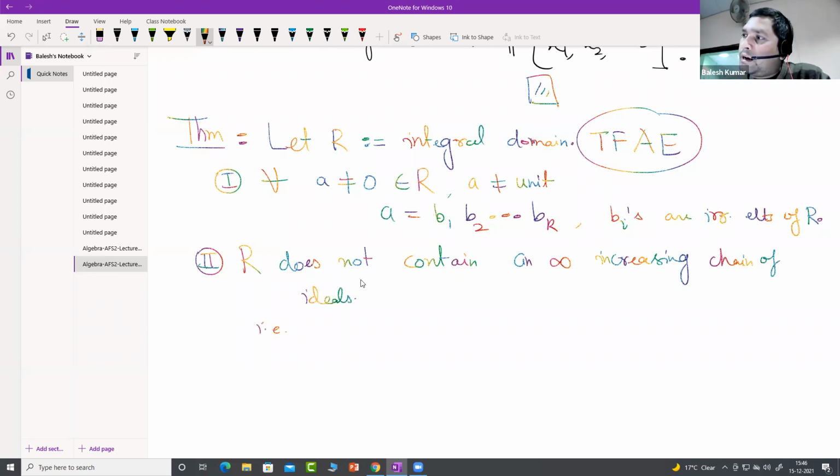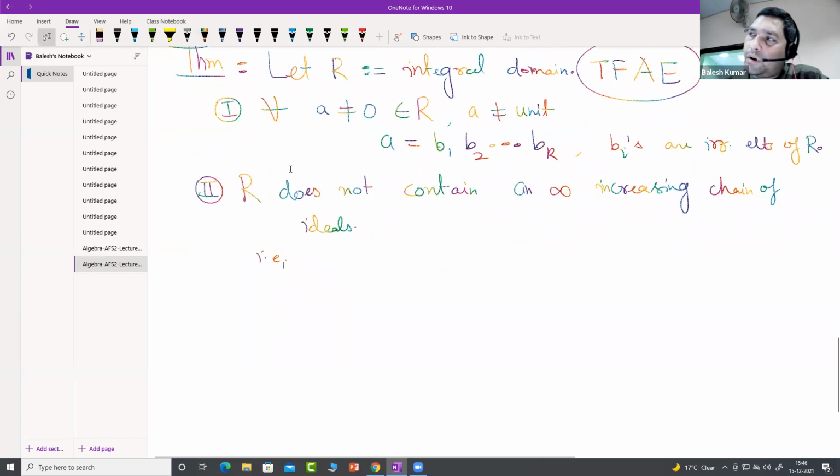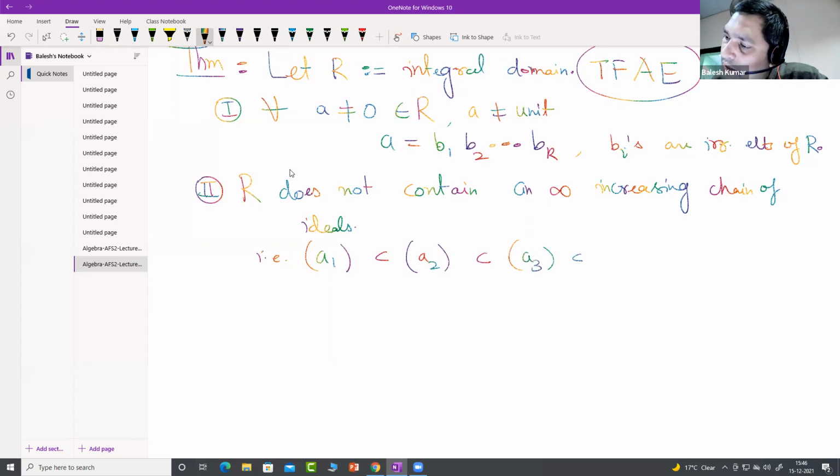That the ideal generated by a1, and here when we say infinite increasing chain, it means the containment is proper: the ideal generated by a1 is properly contained in the ideal generated by a2, and the ideal generated by a2 is properly contained in the ideal generated by a3, and so on. So this is the equivalent condition for the existence of factorization inside an integral domain.